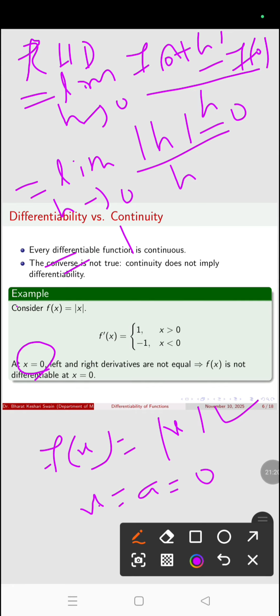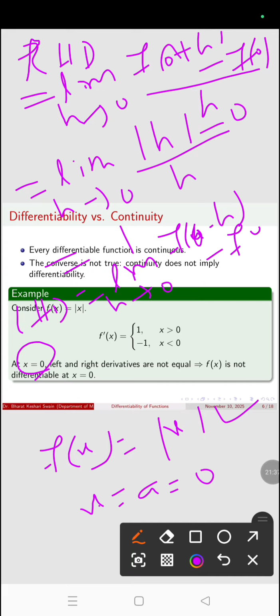LHD means left hand derivative. So what is LHD? Limit h tends to 0 of f(a minus h), where a is 0, so f(0 minus h) minus f(0), divided by minus h.